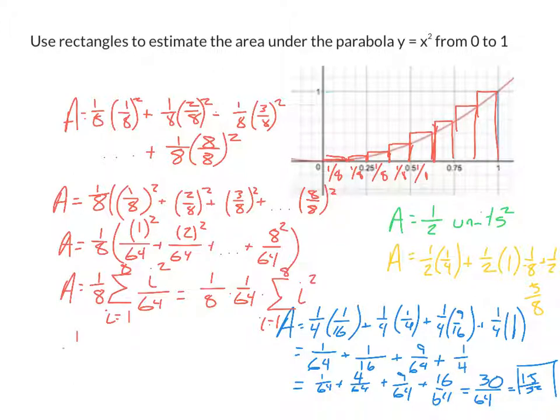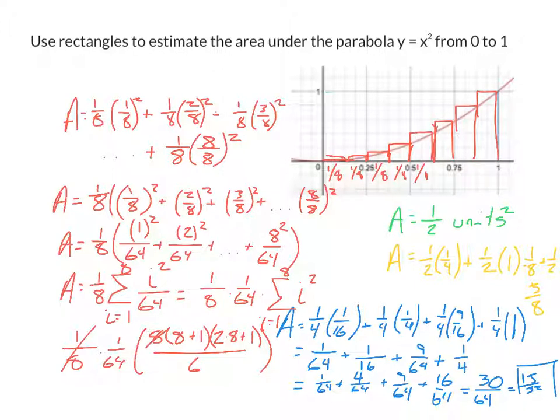And we know that that is really just going to be 1/8 times 1/64 times, and then we can input our formula for the sum of i squared, which would be 8 times 8 plus 1 times 2 times 8 plus 1, all over 6. And then we evaluate. 1/8 times 8 would cancel, and so we have 9 times 16 in the numerator, 64 times 6 in the denominator.